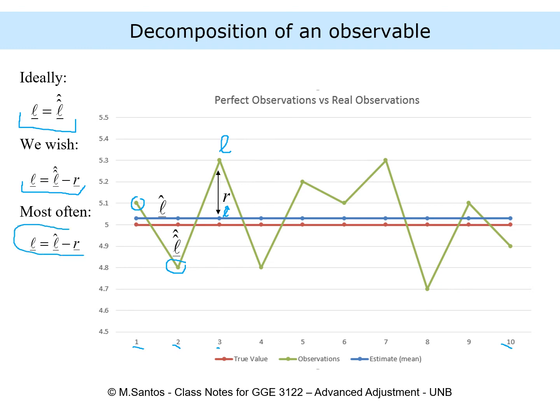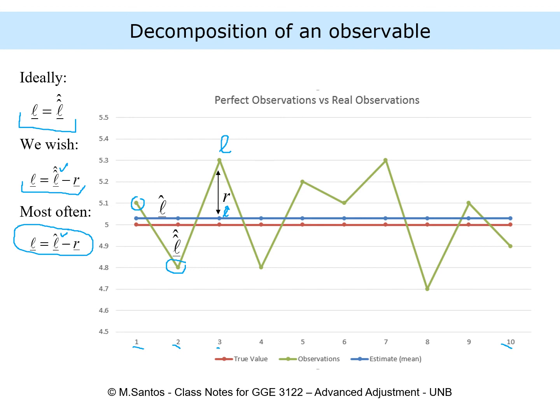Most often, because we don't know the true value, we say that the observation is the difference between an estimate of the true value, L hat, and the residual.